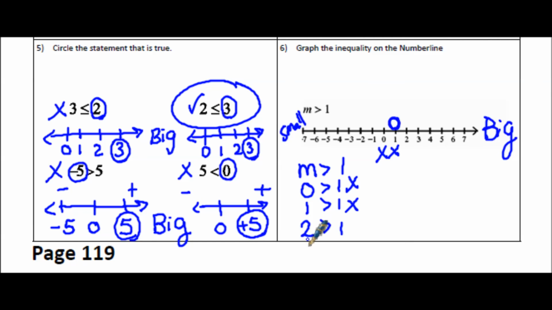So we see that 2 is actually bigger than 1, and this is a solution. So we know our arrow is going to go towards the right. Now we could see that m is on the bigger side, so we see that our arrow is pointing to the big side, and our greater than symbol is going to have an empty circle on 1.